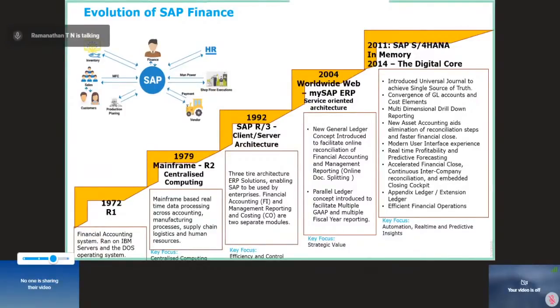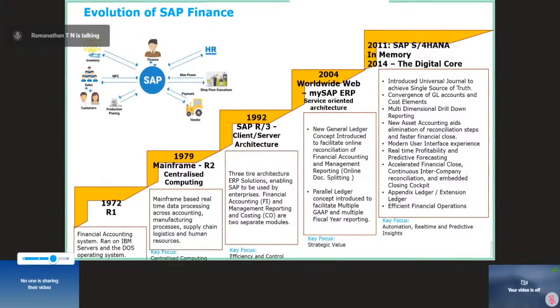SAP also leveraged these innovations for finance, combining finance and MIS reporting requirements into one platform, bringing in a single source of truth. It also re-engineered some of its internal table structures and laid a good foundation for the transformation process, which we are going to look at now.